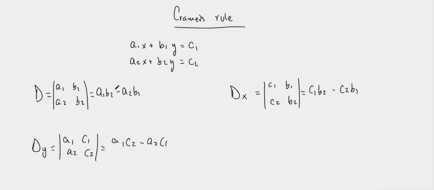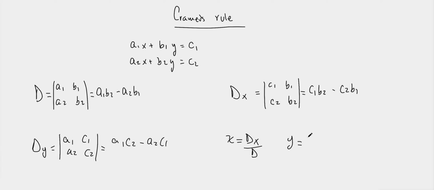Now, why am I doing this? Because in order to solve a system of equations using Cramer's rule, we can use a shortcut. How are we going to evaluate X? X is going to be nothing more, nothing less than the determinant of X divided by the determinant of the coefficient.